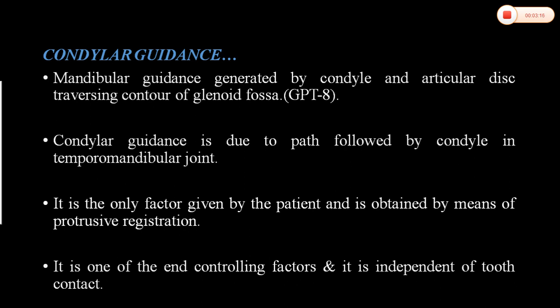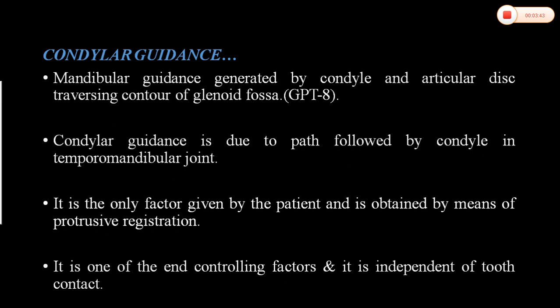So mandibular guidance is generated by the condyle and articular disc traveling along the contour of the glenoid fossa and the articular eminence. The condylar movement will depend on the glenoid fossa and the articular eminence.